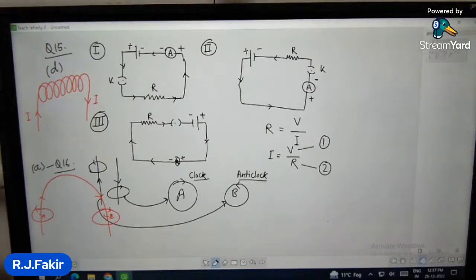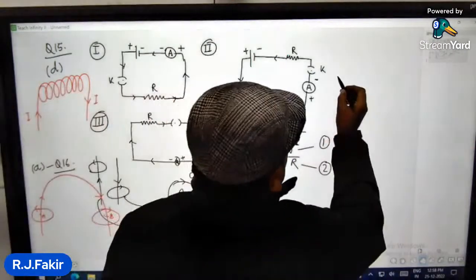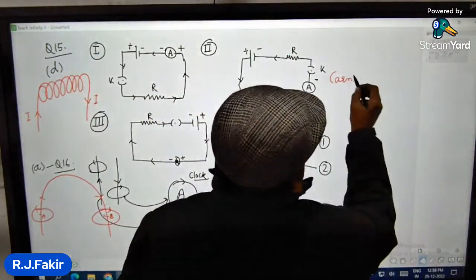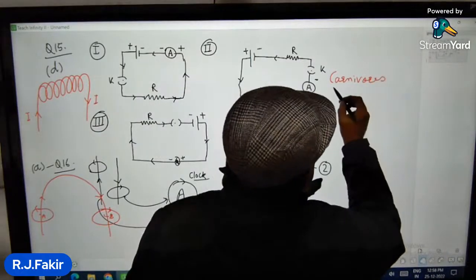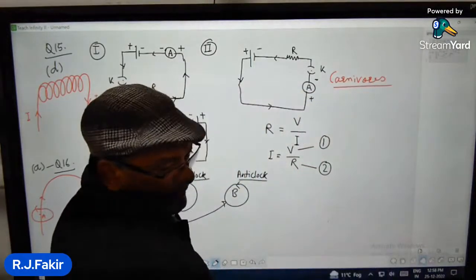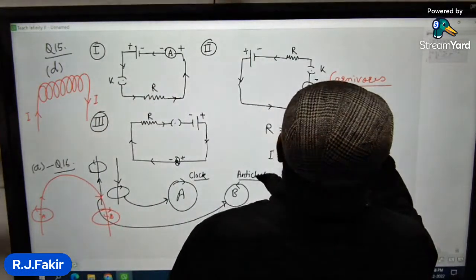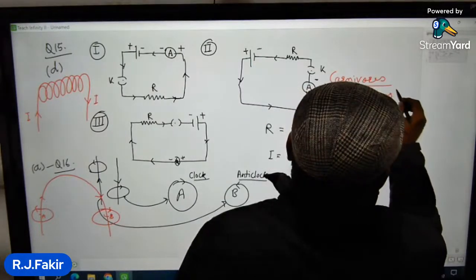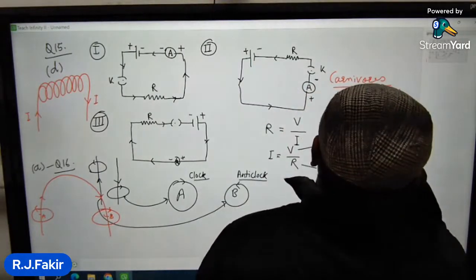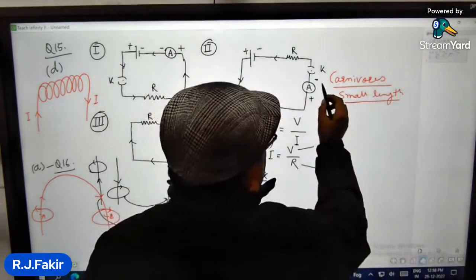So, for answering such questions, we already know that the carnivores require a small length of intestine because their food is somewhat easier to digest.